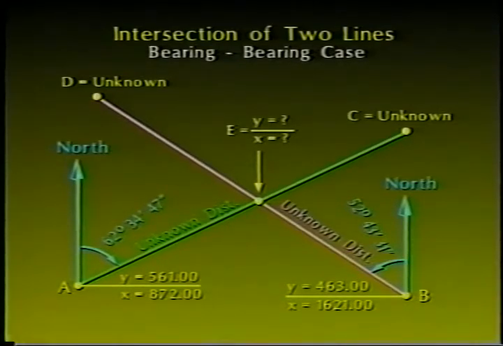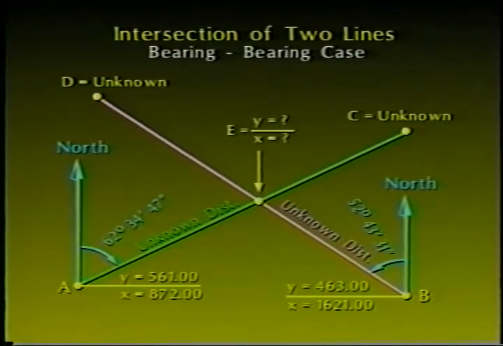In a typical programmed computer solution, coordinate values for A and B are entered along with the bearing of lines A to E and B to E. The computer will then process the data using the coordinate geometry equations and give the coordinate value of point E along with the distance of lines AE and BE.